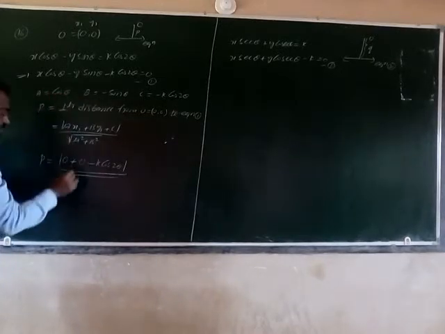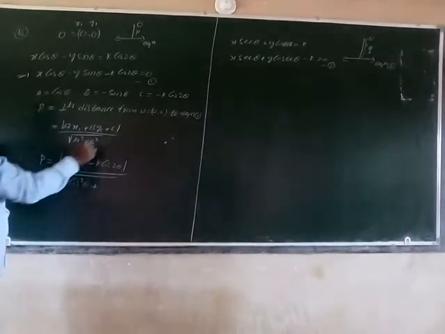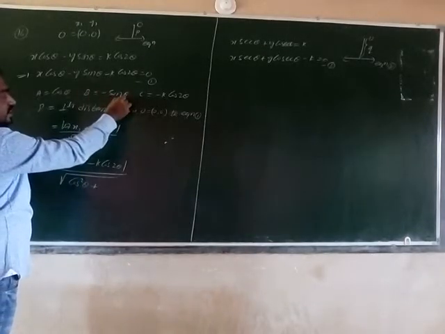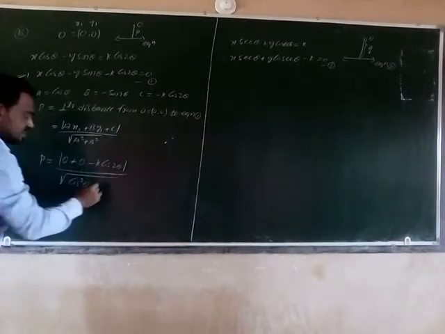A square is cos square theta, and b square is minus sin theta whole square, that is sin square theta.